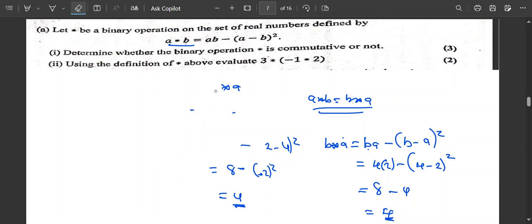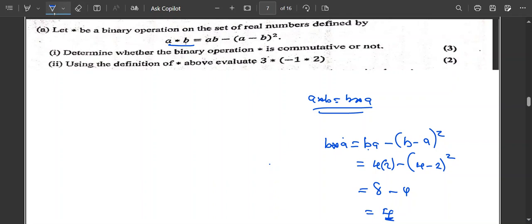So the other one, it says, what I'm going to do here is I'll say using the definition above this one.